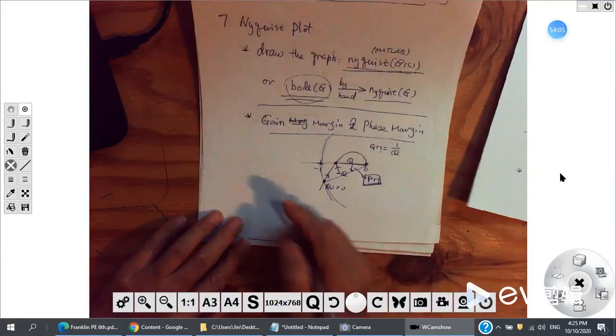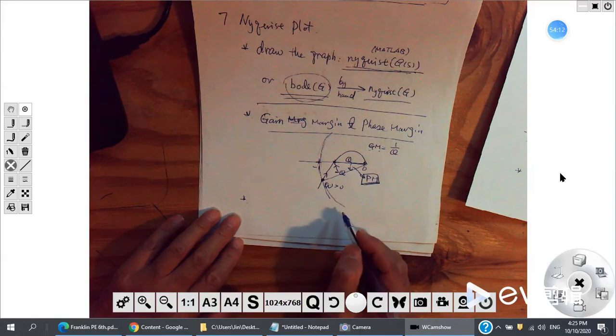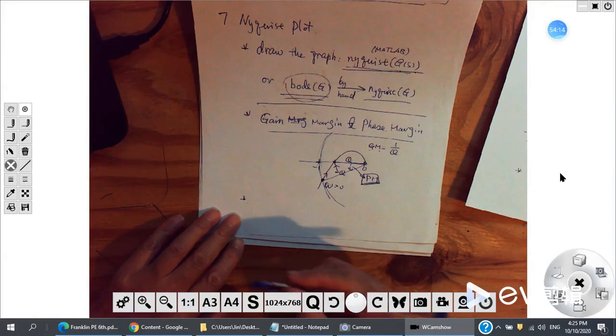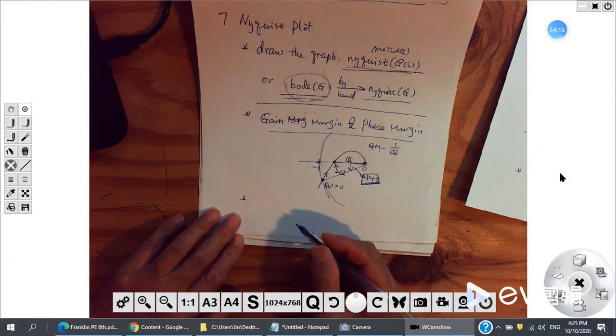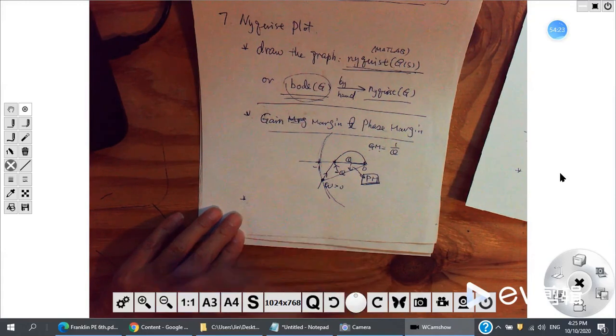And the third one, we can have the stability based on the Nyquist plot. We have a formula that is a Nyquist to give that formula.